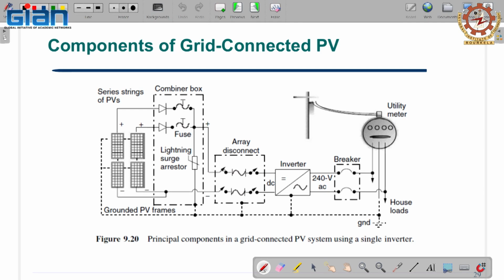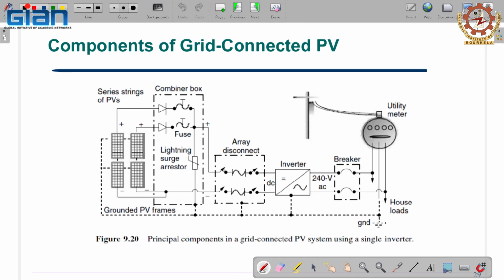Then you can have a breaker to connect or disconnect, if needed, this PV system from the grid. Okay, then you are feeding this power. You can have a grid connected system. You have this home or some load. The power produced can be utilized by the home.